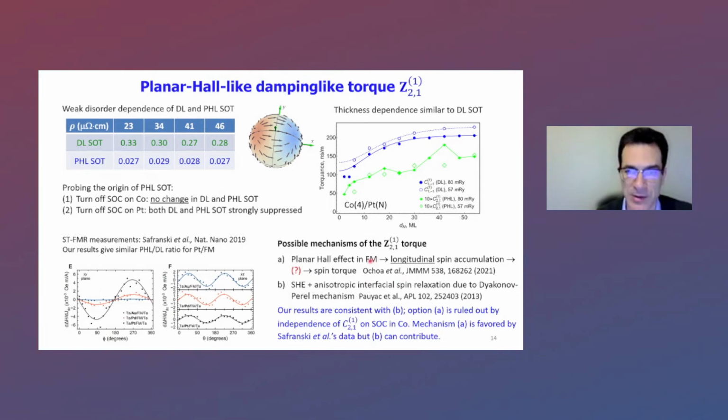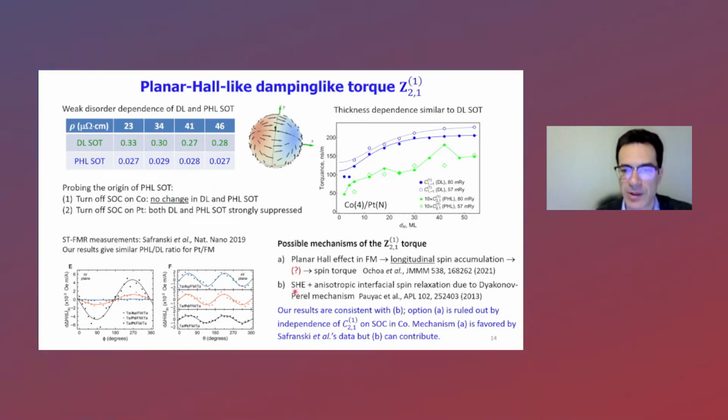And the two possible mechanisms that have been proposed are, first, the planar Hall effect in the ferromagnet that somehow generates spin torque through the longitudinal spin accumulation. It's not quite clear how that happens, but it seems generally consistent with the experimental results.